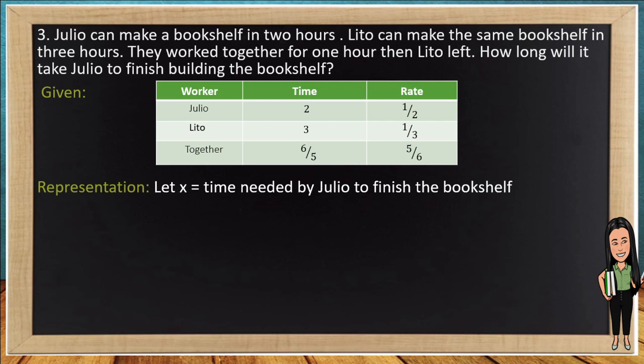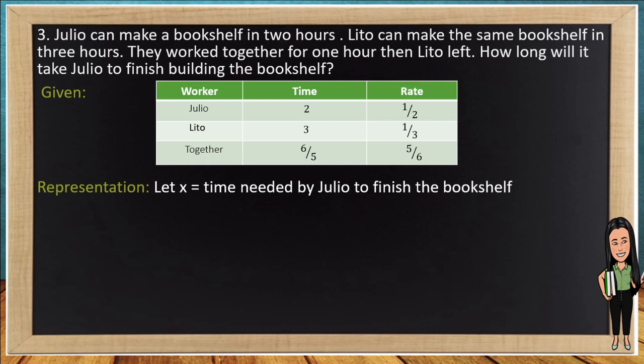The rate of them doing the task together or building together is 5/6. And they build together for an hour. So, yung 5/6 na rate, i-multiply natin yun sa 1 hour. Equal siya sa 5/6. Ang isang work equal to 1. So, 1 minus 5/6, 1/6 na lang ang natitirang part ng work na gagawin ni Julio.